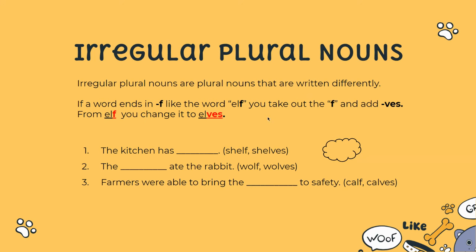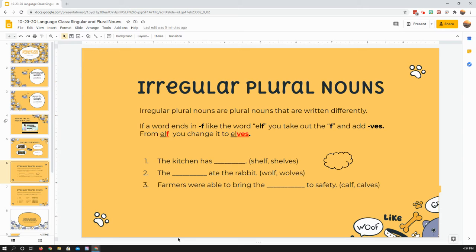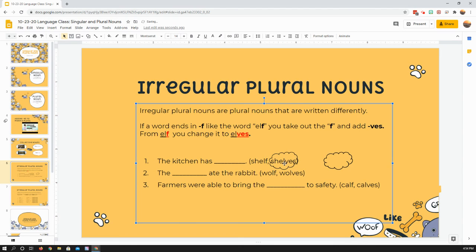And we just said that it has to end in VES if the word in the singular form has an F. So I look at the word in the singular form, which is this one, it ends with an F. So that means that the plural form has to be this one because it ends in VES. You see? So this is going to be the correct answer. I'm going to exit here the presentation quickly so you guys can see this. So this is going to be the correct answer. It's going to be shelves.